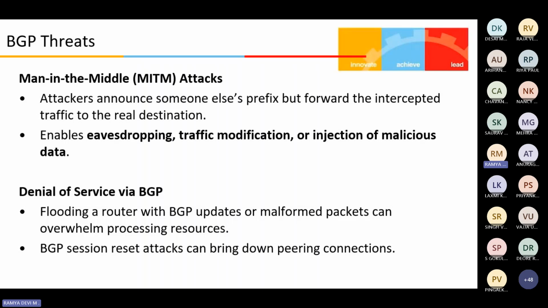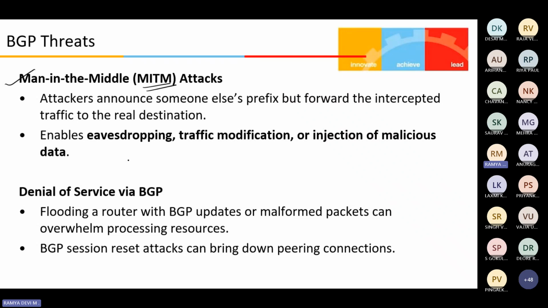The third one is the man-in-the-middle attack. Attackers announce another AS's prefix and try to attract traffic that should not belong to them. Unlike normal prefix hijacking that creates black holes, MITM attackers forward the intercepted traffic to the correct destination after capturing it.